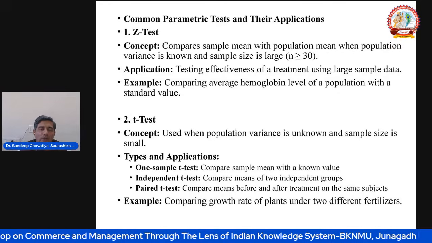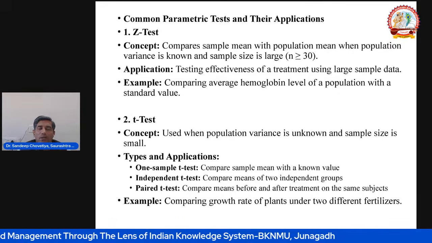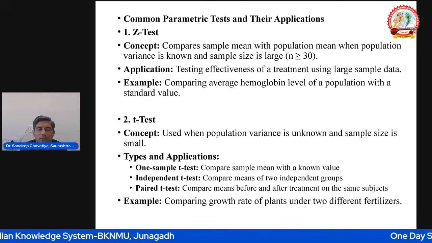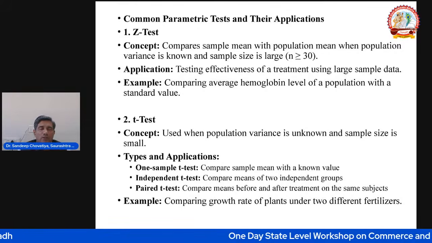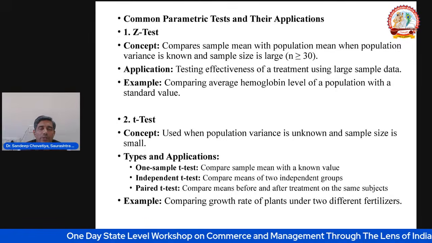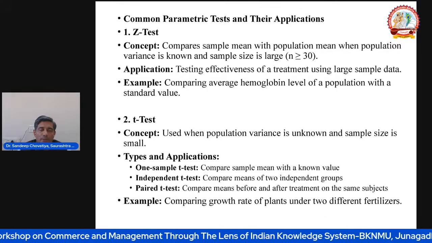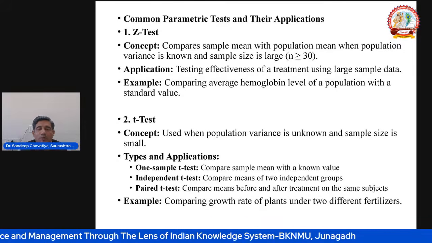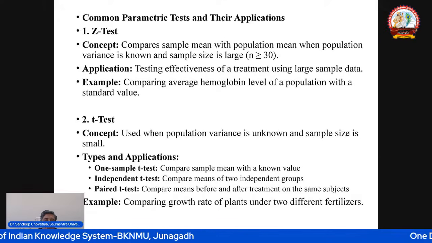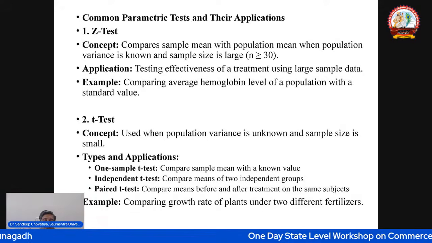In that, we see examples: how we calculate the t test or student t test for one sample, and how we calculate our observations in the form of the independent t-test and the paired t-test. An example here is comparing the growth rate of plants under two different fertilizers. So these are some of the parametric tests which are performed.